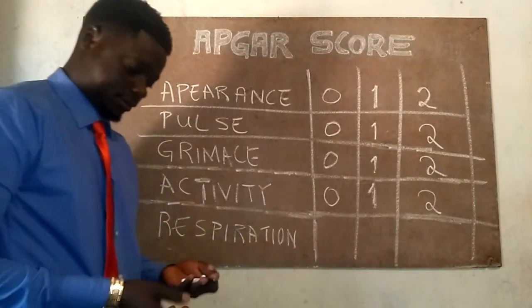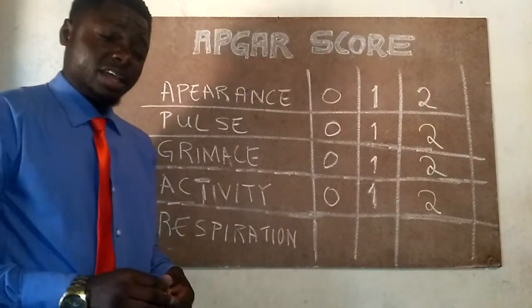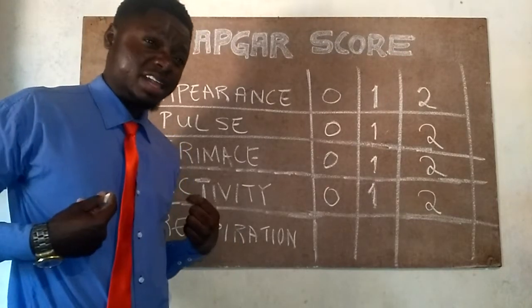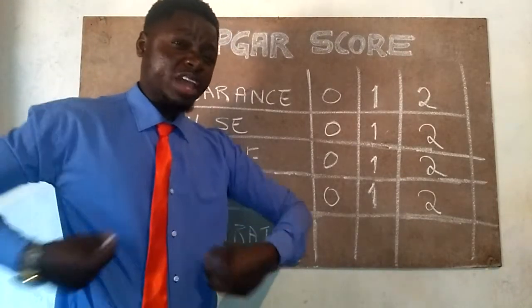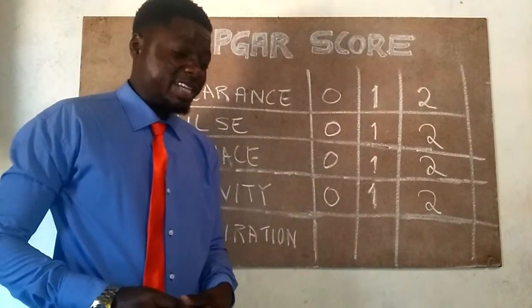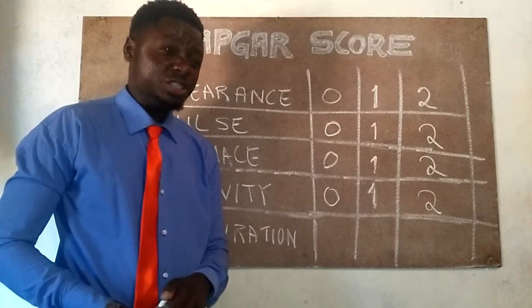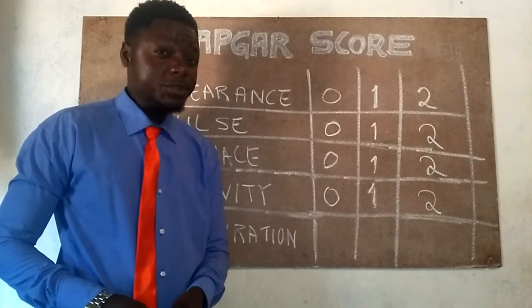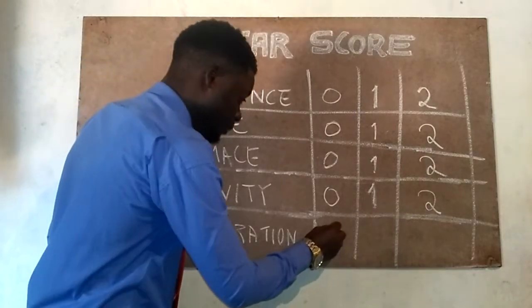Respiratory effort. Infants are not chest breathers, but they breathe using the abdomen. So we assess the baby on the abdominal cavity. We notice their respiratory movements. If they are absent, then we give 0.